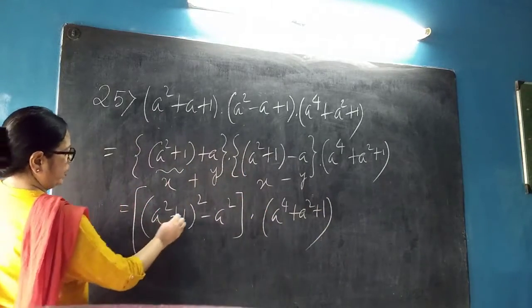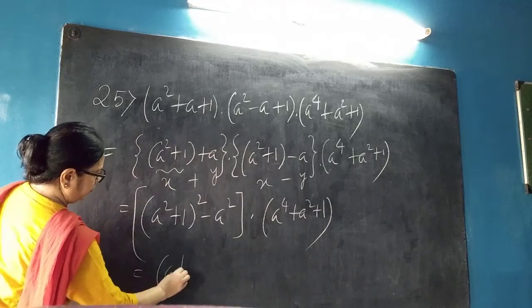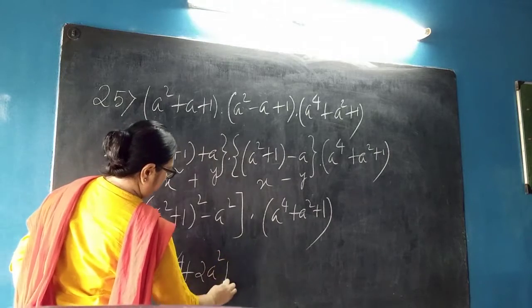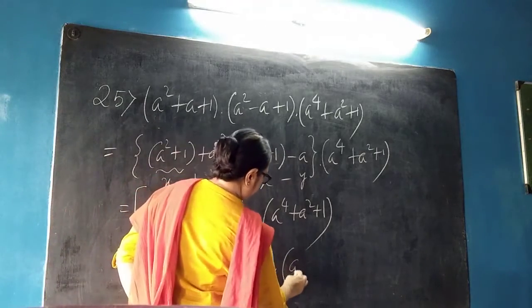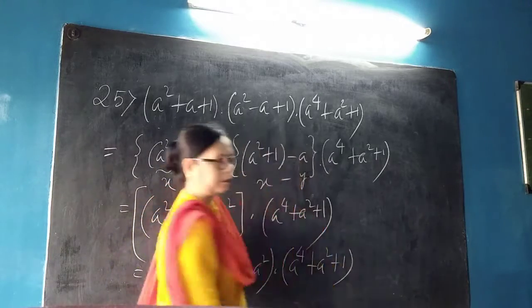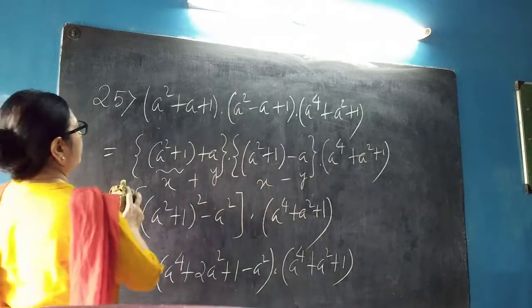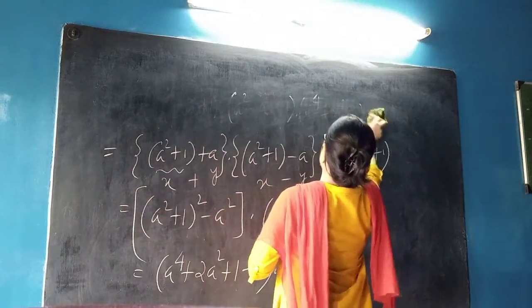Here, open the bracket by the a plus b whole square formula. So a square whole square is a to the power 4 plus 2a square plus 1 minus a square. Clear? And here a to the power 4 plus a square plus 1. Now I am rubbing this portion.